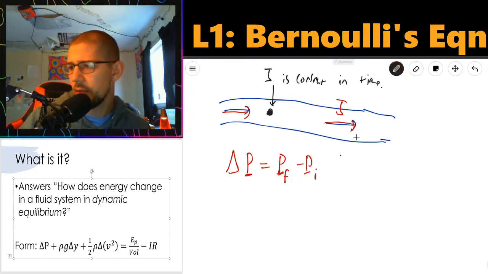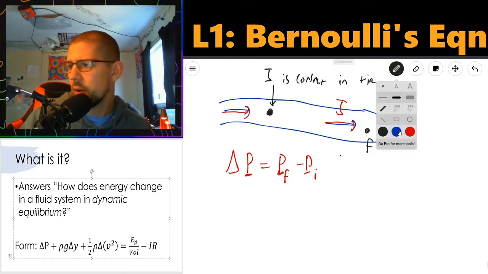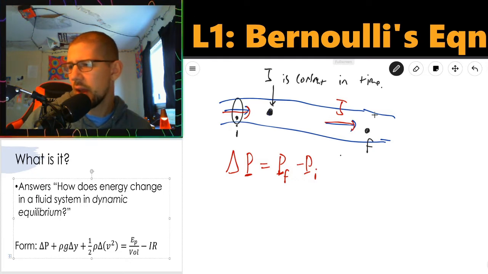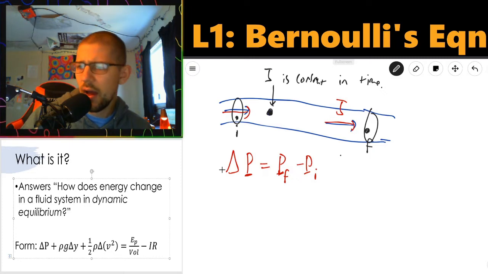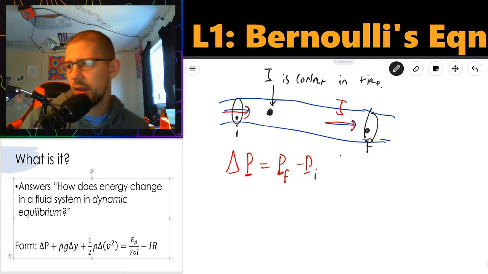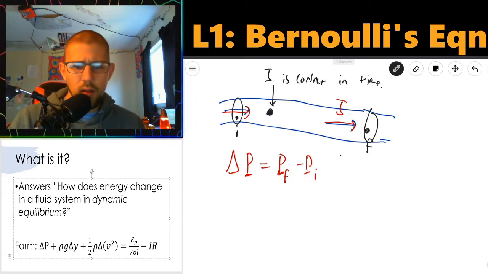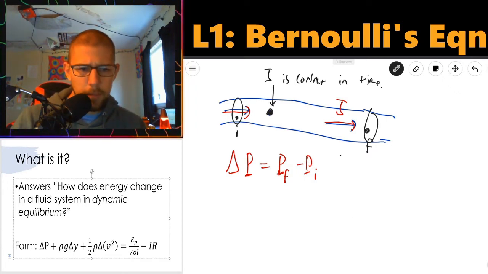As a pretext to that, these initial and final points are not actually points in time as they often were in 7a, but are instead points in space, like positions along a fluid system, like a pipe. So if I knew the pressure at this first point, and I knew the pressure at this final point, or this final little area here, I could calculate the change in pressure between those 2 points as pressure final minus pressure initial. Okay, that's delta. Cool.